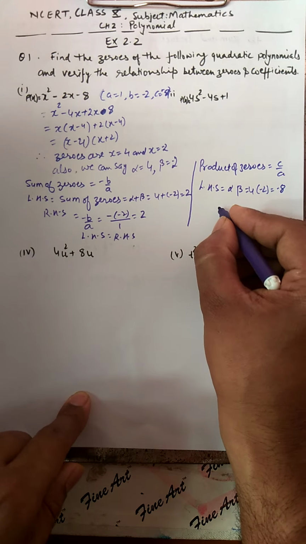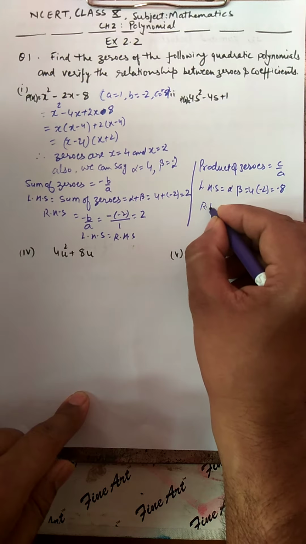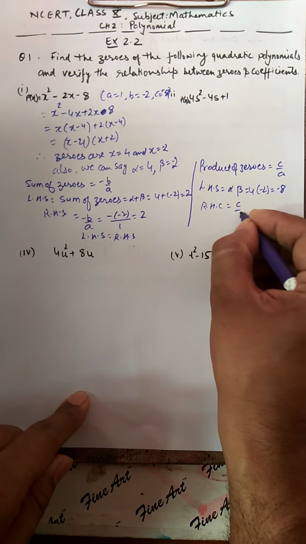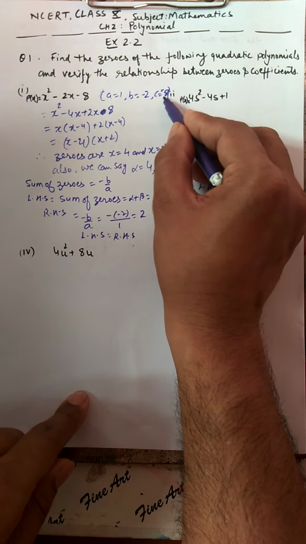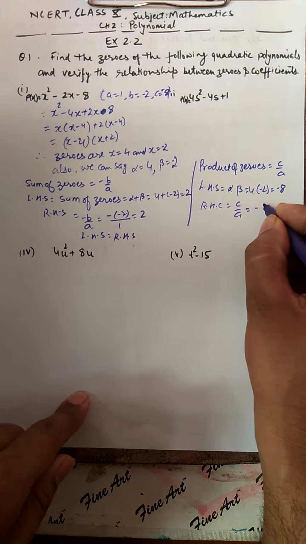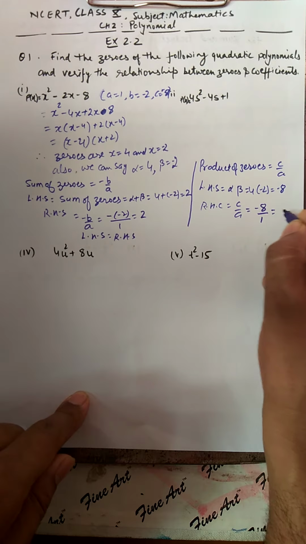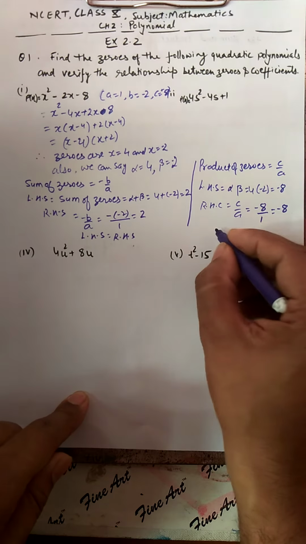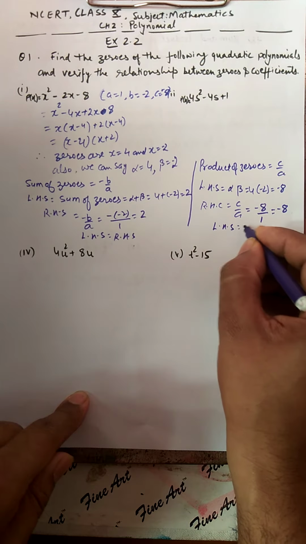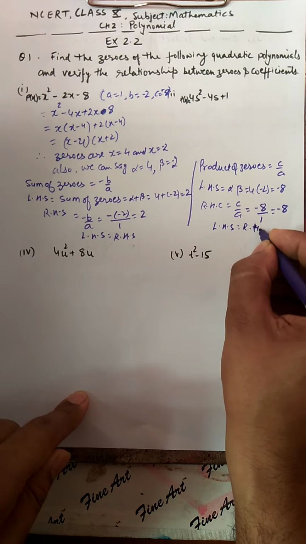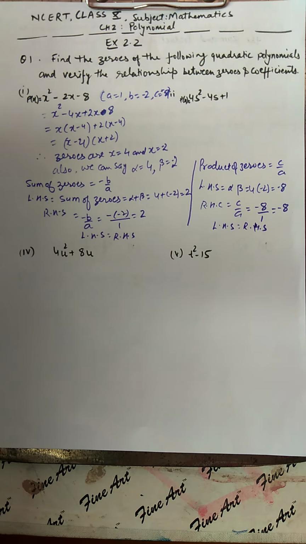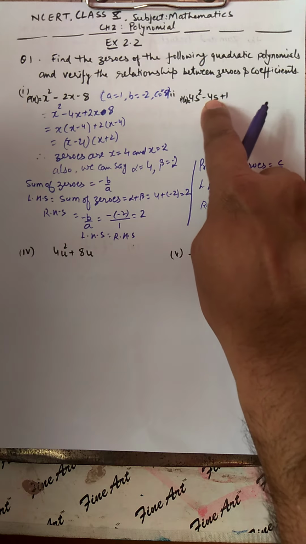Then c by a is your RHS. The value of c is minus 8 and a is 1, so ultimately it is minus 8. So therefore LHS is again equal to RHS. So we have found the relationship verified.